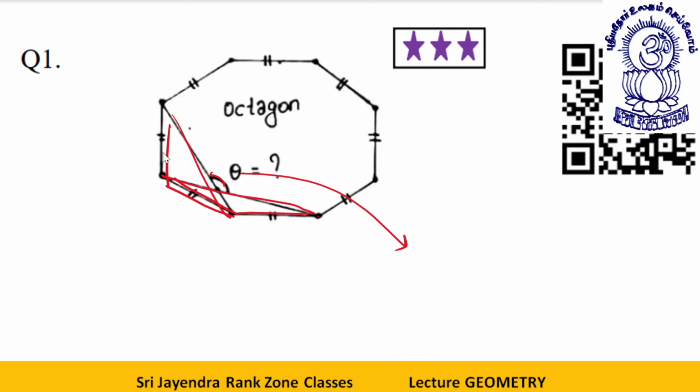See, let me complete this once again for you. I draw this, I draw this, I draw this, I draw this, I draw this. Now what do I have in front of me, dear students? This is like 1, 2, 3, 4, 5, 6, 7 and 8.